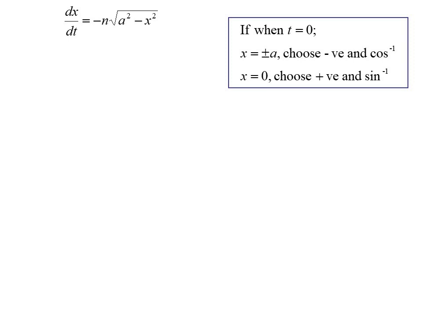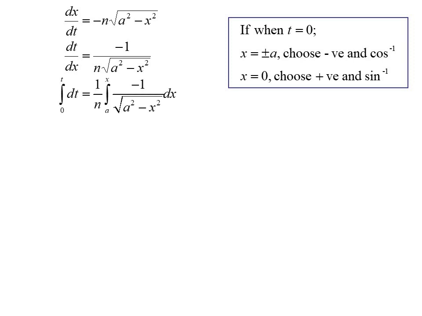If I had started at the centre of the motion, then I would have chosen positive, because then that would match the sine function. So flip it upside down, and there it is, minus 1 on root a squared minus x squared. There's our standard integral, which would either give me sine or cosine, depending on which one I choose. So I went with negative, I'm going to go with cosine. So when I integrate that, there it is, the inverse cos of x on a.